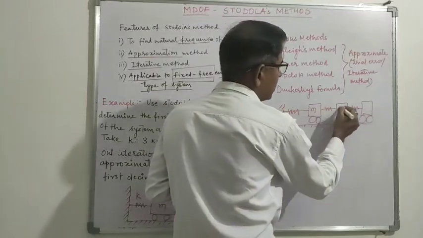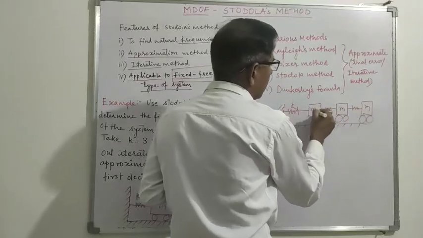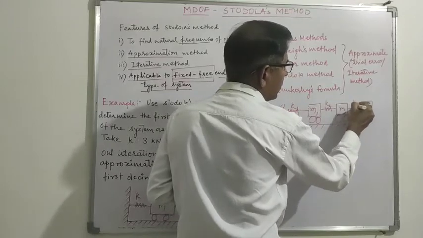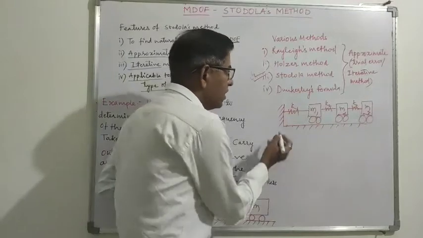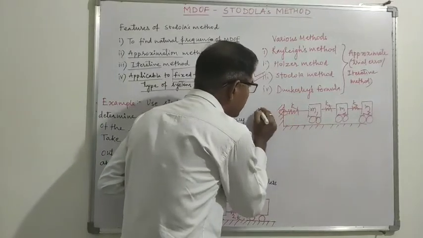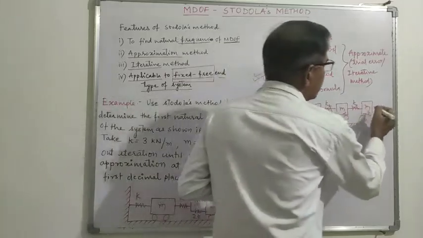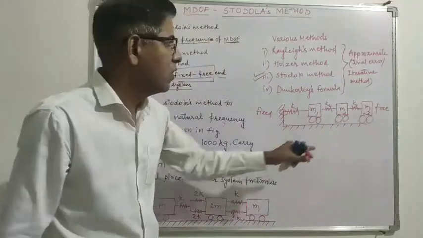There are 3 masses, M1, M2, M3, and K1, K2, K3. So 3 springs are there, 3 masses are there. But if you see this end, this end is fixed, and this end is free. So there is no restriction on this end.